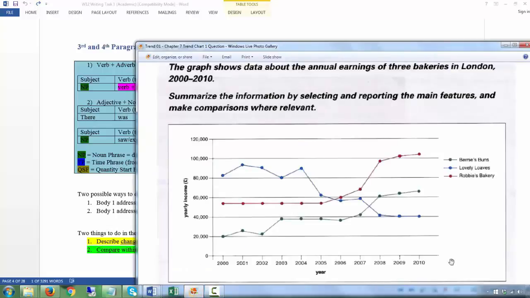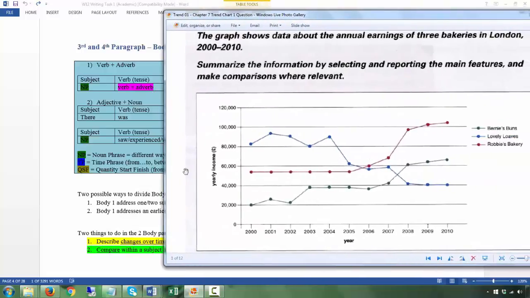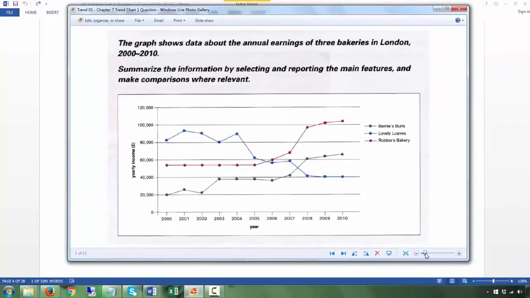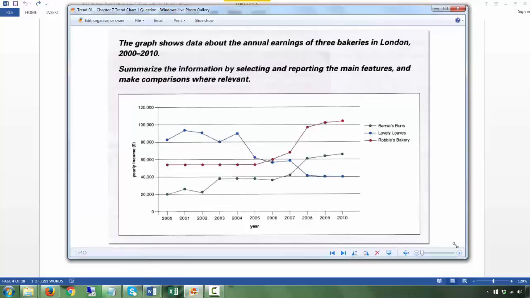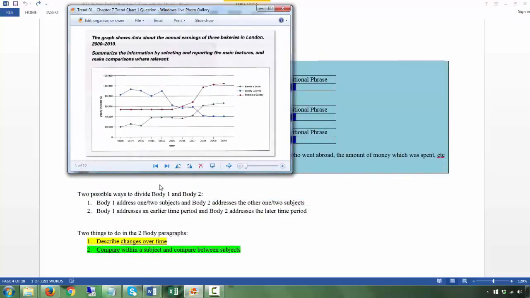Body 1, if you're talking about a line graph, addresses 1 or 2 subjects, and body 2 addresses the other 1 or 2 subjects. So body 1, I'm going to talk about this and this, since both of them are in the same direction, and then body 2 could be Lovely Loaves, going down because it's the opposite.